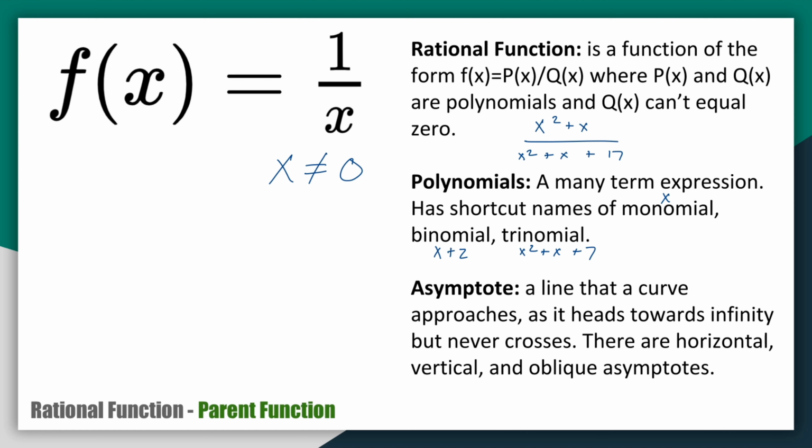Now the last thing here is this asymptote: a line that a curve approaches as it heads towards infinity but never crosses. There should not be a comma there. So there are horizontal, vertical, and oblique asymptotes. Let's say I had a vertical asymptote, a place on my graph that my line is going to approach but not cross. And so my function would approach it but never cross it.